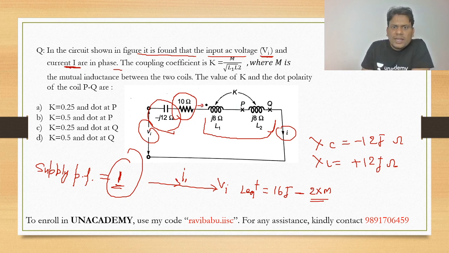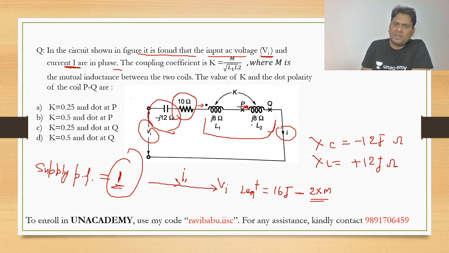Wait a minute. He is asking whether the dot will occur at point P or Q. Suppose the dot occurs at point P, then the current is entering both dots in the same direction. So the dot at point P will introduce a positive sign here.